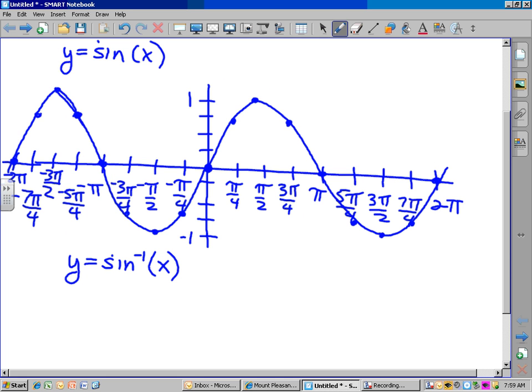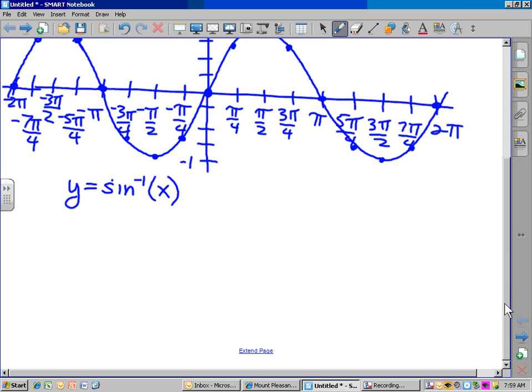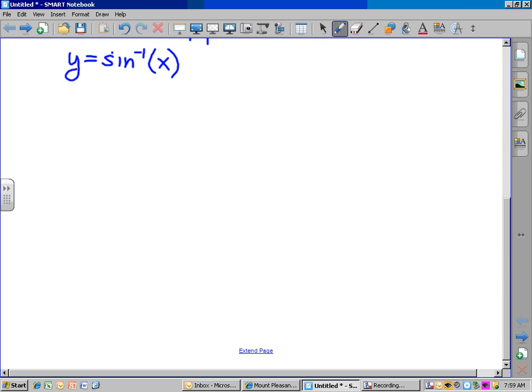So let's go ahead and try to redraw this. We need a little bit more room. Now you're going to want to make your axis longer vertically than horizontally, because x becomes y, y becomes x.